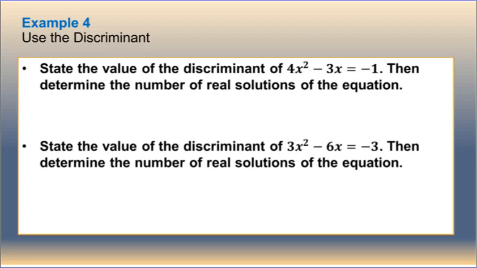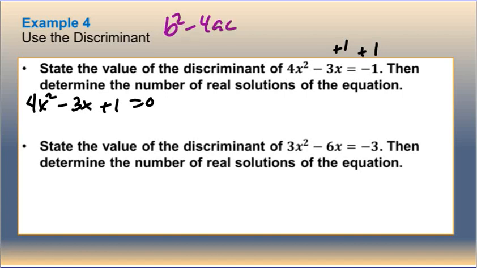Let's find the value of the discriminant of 4x squared minus 3x equaling negative 1. Then determine the number of real solutions of the equation. So the first thing I want to do is put it in standard form. Now I have 4x squared minus 3x plus 1 equaling 0. For the discriminant, I just need to use the formula b squared minus 4ac.